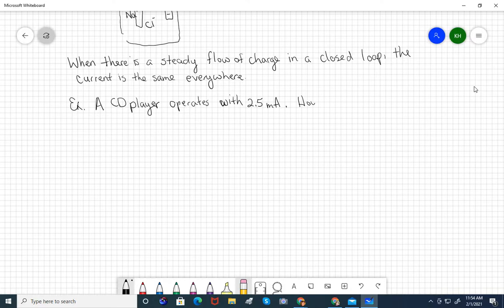How many electrons flow through a given point? It doesn't matter which point. In 1 second.